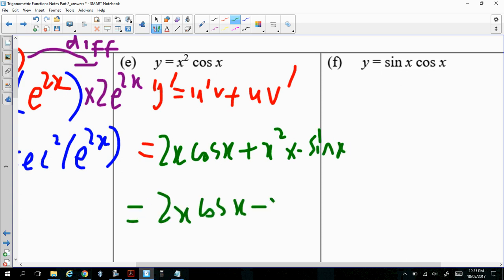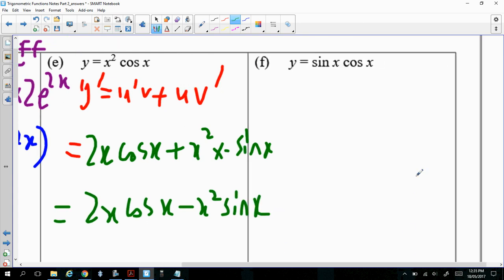Again, product. So you get sine, and then cos, we'll differentiate sine first. All right, so sine is cos x followed by cos x plus sine x times the derivative of cos, which is negative sine.